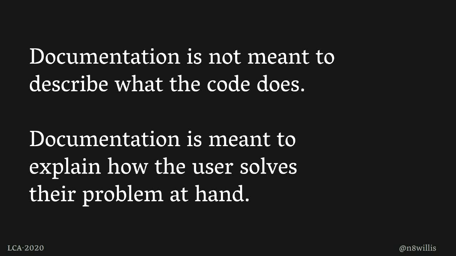And another way to think about that is the goal of the documentation isn't to describe what the code does, it's to explain how the user will use the code to solve their problem, which I think is something generally we would all agree with, but sometimes it's useful to put it in those terms.